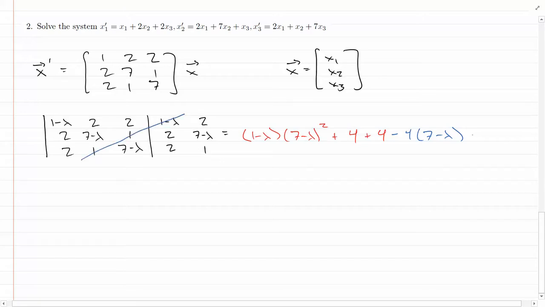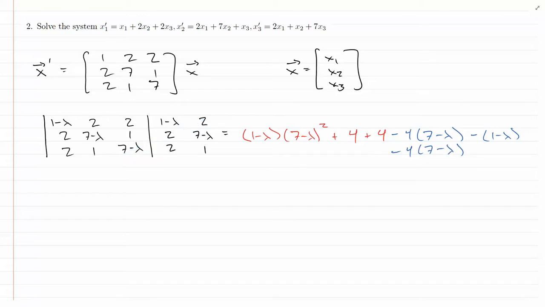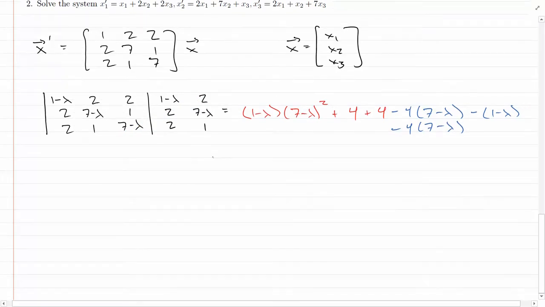Minus 1 times 1 minus lambda. Minus another 4 times 7 minus lambda. Okay, so we're going to have to multiply all that out to see what our characteristic polynomial is.